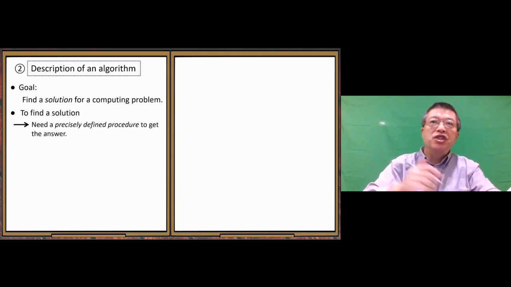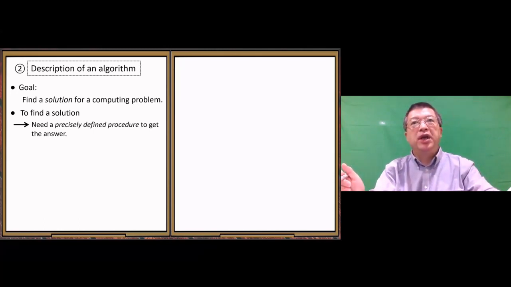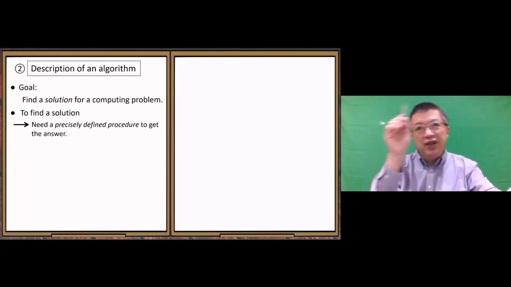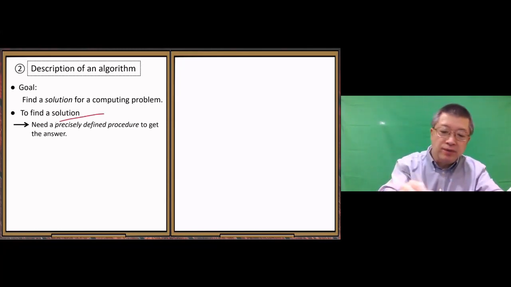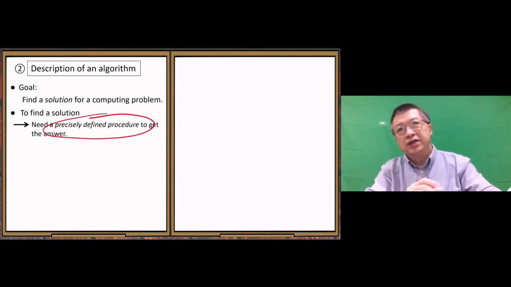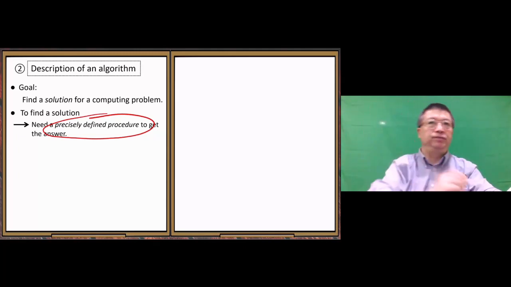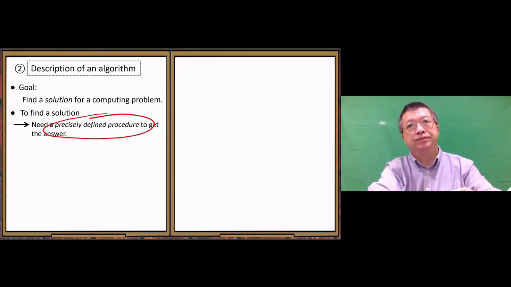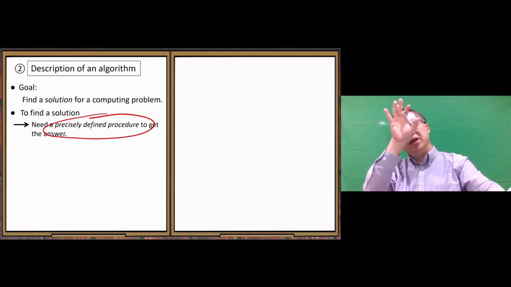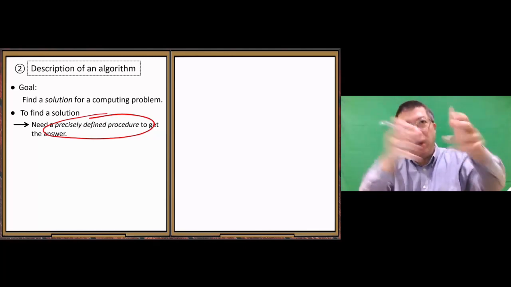We need a precisely defined procedure to get the answer. This precisely defined procedure is the same thing as we said in the previous video, a step-by-step procedure. But now let's zoom in on this part.